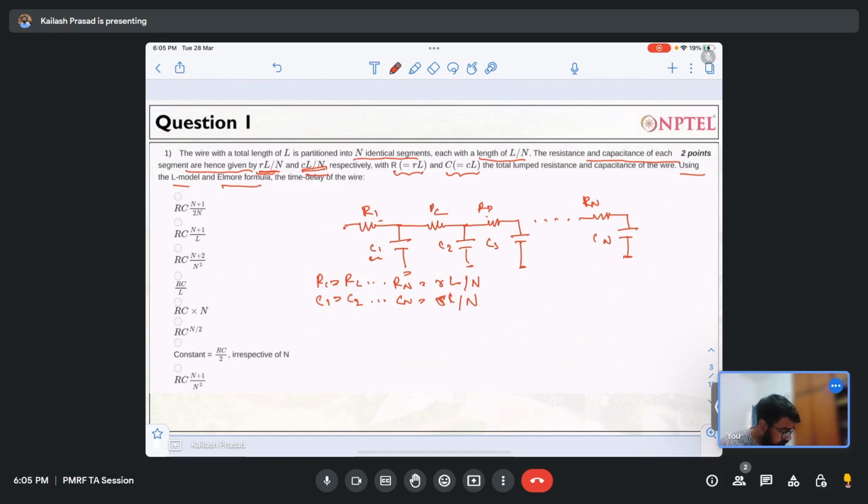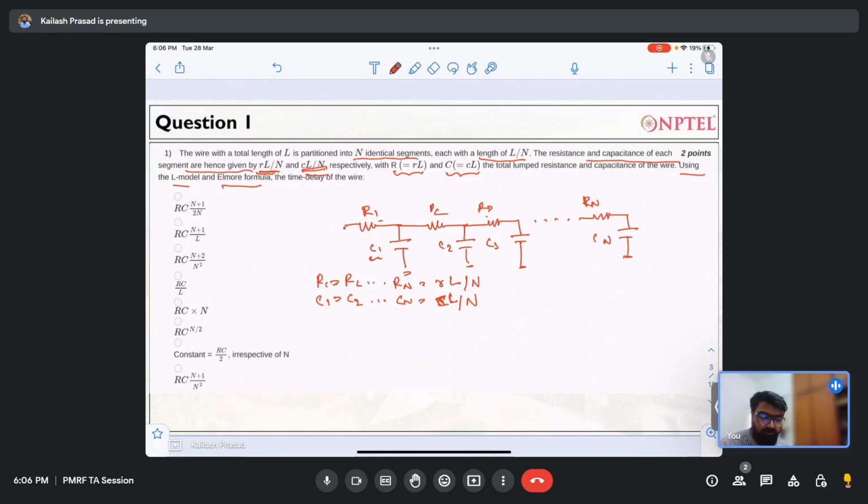Please note that capital R and capital C are the lumped values, whereas individual R and C are the individual resistances and capacitances.